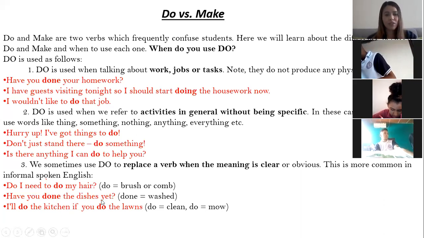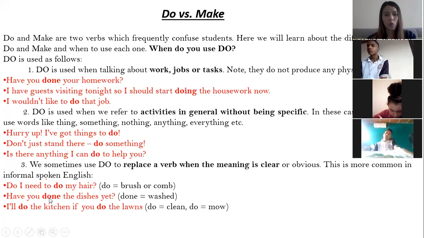Have you done the dishes yet? Done. Here, the verb do in the past participle replaces the verb washed. Si tú lavaste los platos. En este caso, está en negrita. Done reemplaza el verbo washed. Ya lavaste los platos, no has lavado los platos todavía.